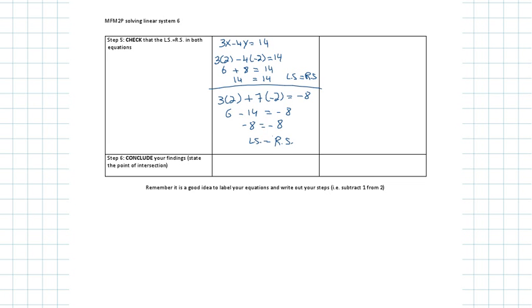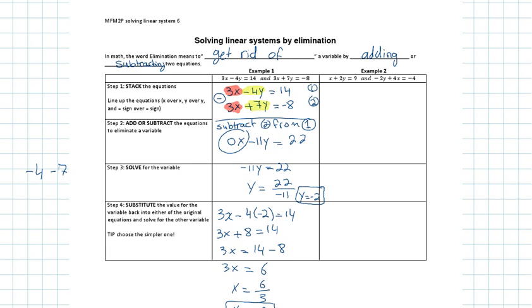What's the solution for this system? That's right. So the solution is, the point is 2, negative 2. Right? Where do I get this from? If I go back here, right? X is 2, y is negative 2.